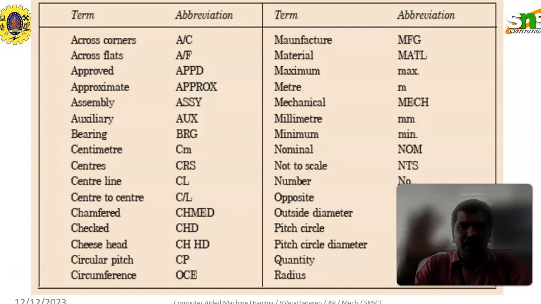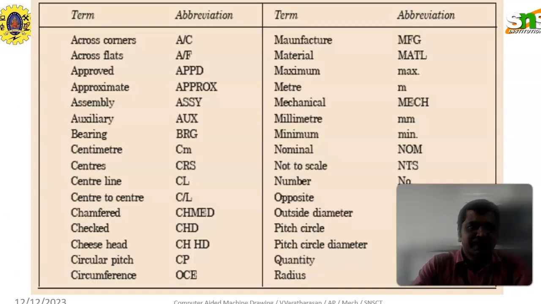Apart from the title block, in the detailed views of the drawings we also use these abbreviations. There are a lot of technical terms, and based on the technical terms, the abbreviations are represented in this slide. We will see one by one. Across corners is AC.